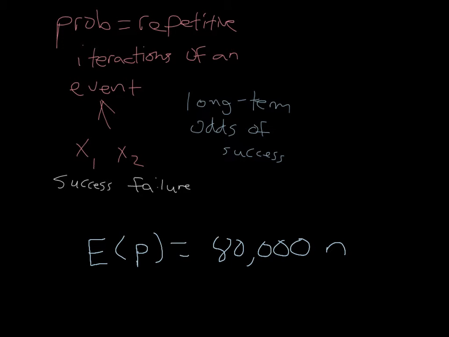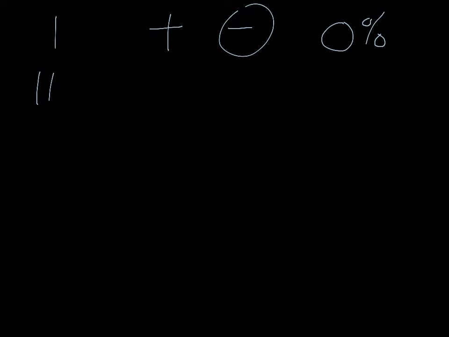So what do I mean by this? I'll give you an example so you can get a feeling for it. The first time I launch this, I either succeed or I fail. Let's say I fail. Okay, I'm at 0%. The second time I launch it, let's say I succeed.